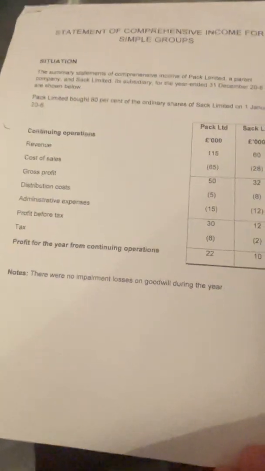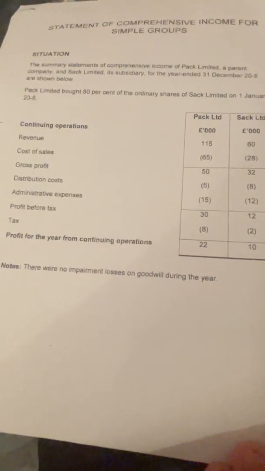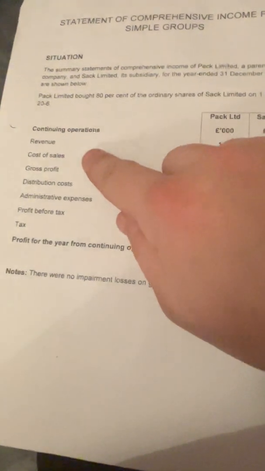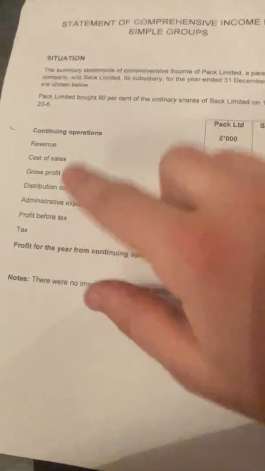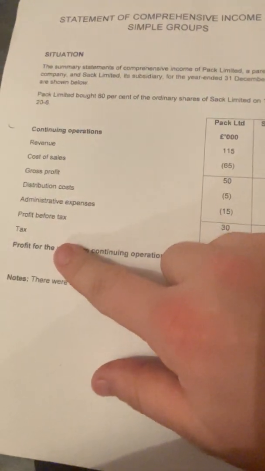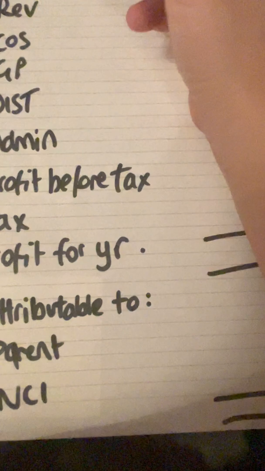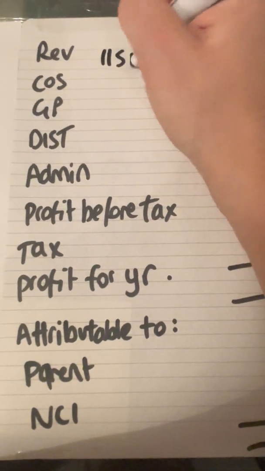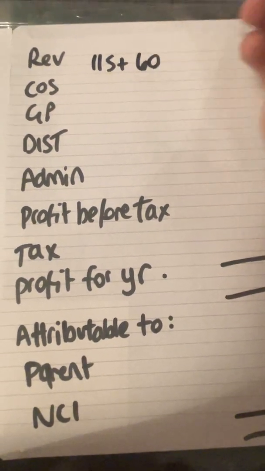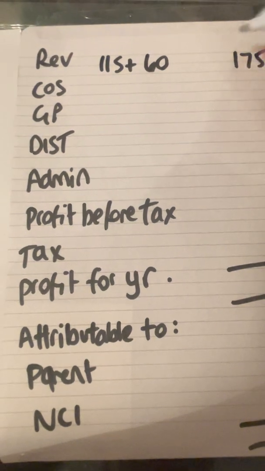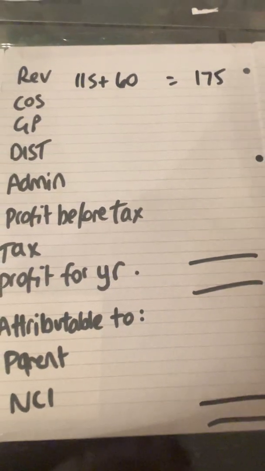Okay, so for this one, folks, it's really, really simple. We are literally going to take every line, just like with the SFP, use these lines to guide you, and add them together. Revenue is going to be 115 plus the 60 to give me a new revenue of 175.